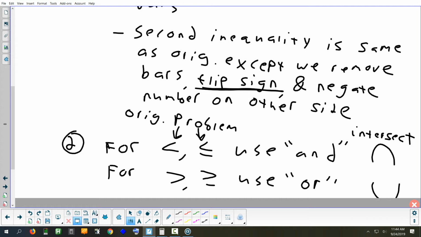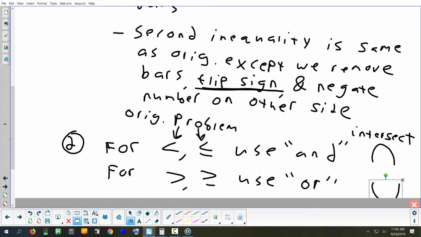Okay, so this sign flipping thing and this step right here is new. If the original problem had a less than or a less than or equal to, that's an and. You don't have to worry about the symbol intersect. We've used this or one a lot, union, but we're going to stick with the words and or for this.